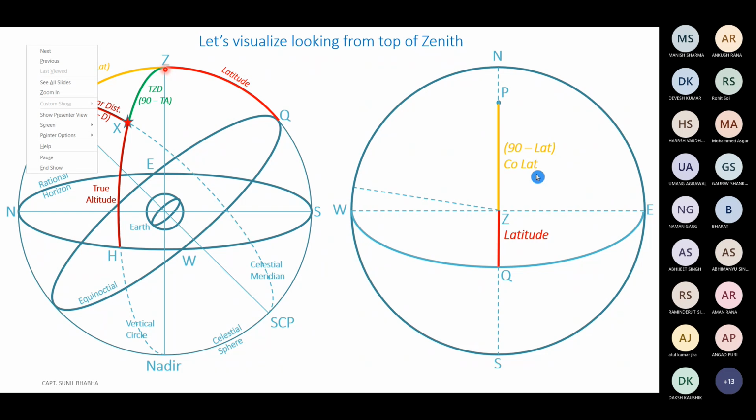Now proceeding ahead. The next thing we are going to discuss is this vertical circle which you see, Z to X to H. So this vertical circle is what we are going to show in the rational horizon diagram now.